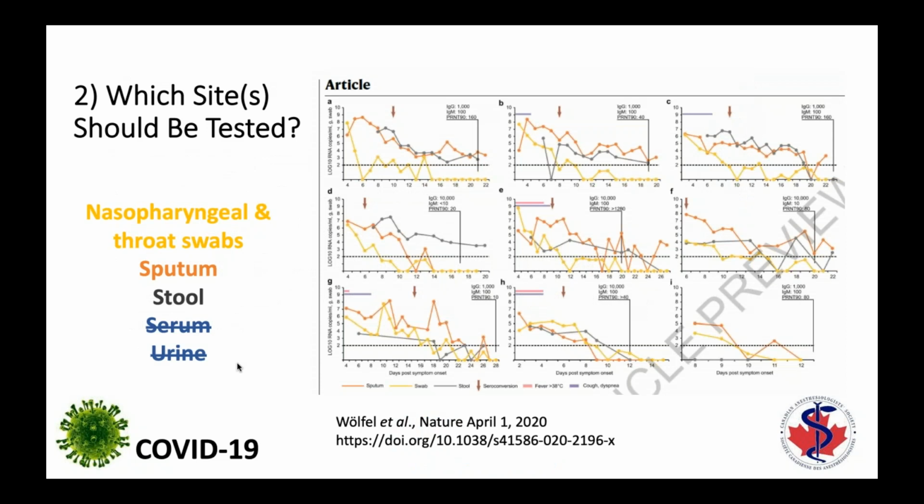The second contributor to clinical performance is the site that is being tested. And in an infection where we don't understand the pathophysiology, this was very difficult. So I want to present here a landmark paper published by the Charité group in Berlin, Germany, that was the first group that really outlined the course of illness from a viral load and viral shedding perspective, and a comparison of different sites.